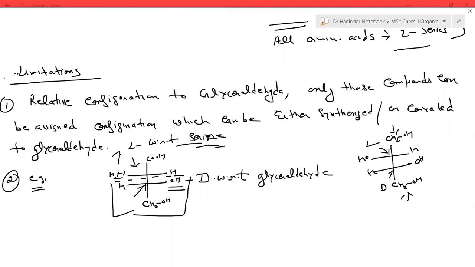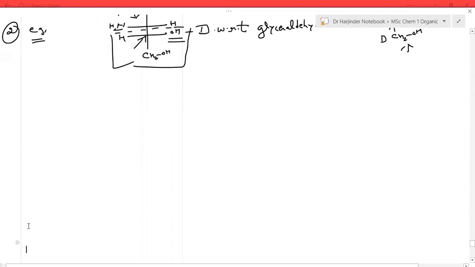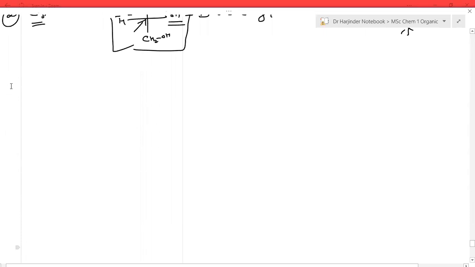So we have to assign some universal system by using which we can assign configuration to all molecules. And that universal system is the RS nomenclature system, or it is also called absolute configuration.